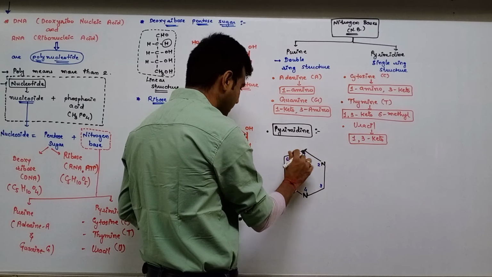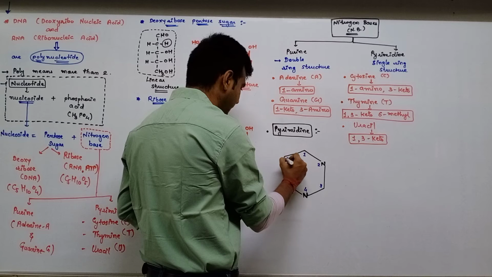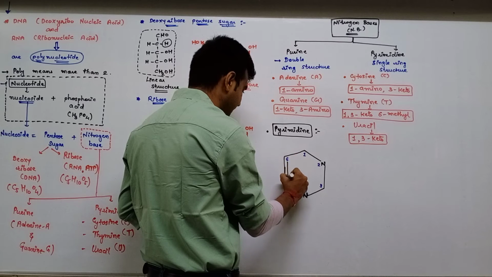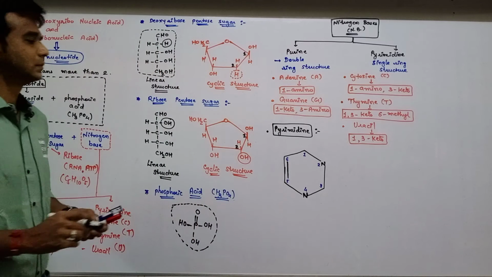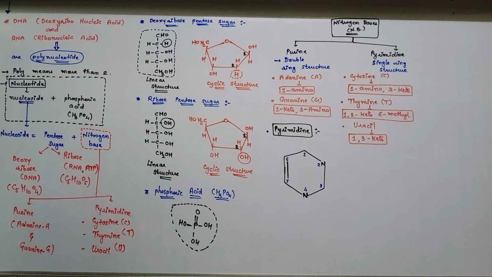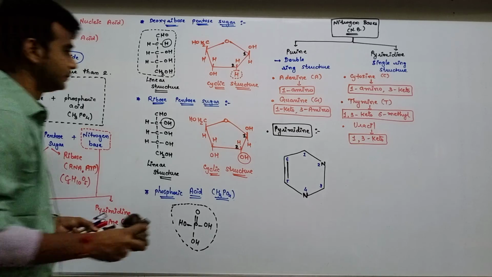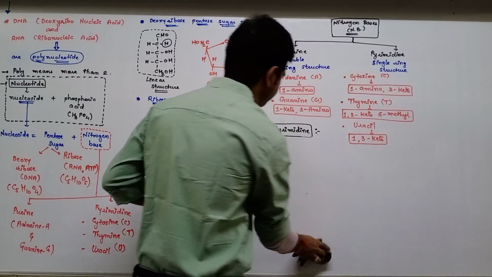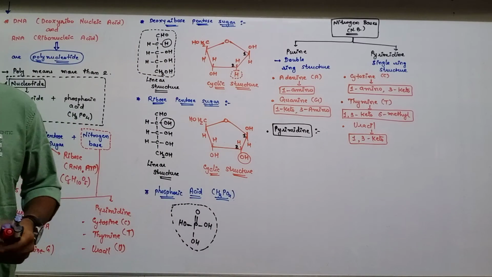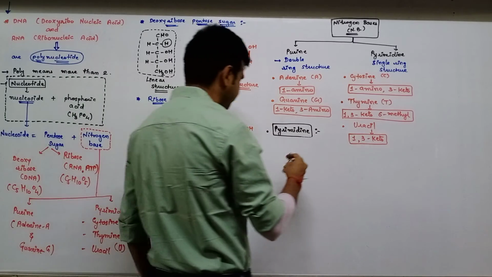But here commonly between the fifth and sixth carbon a double bond is always there. Okay, so please understand the rules. Again, pyrimidine nitrogen base, single ring structure is there.